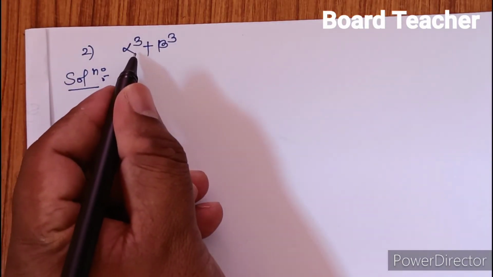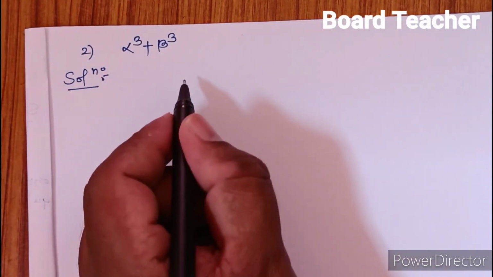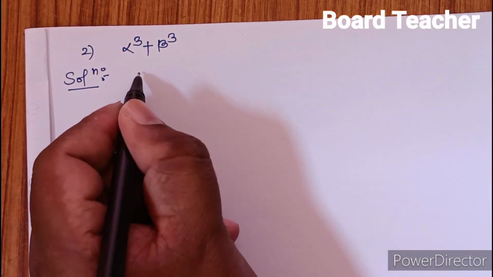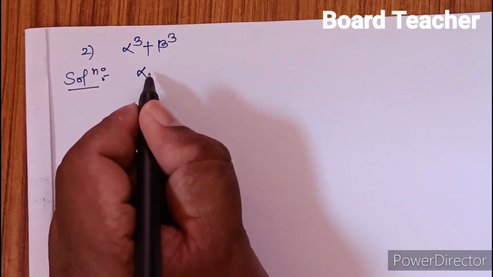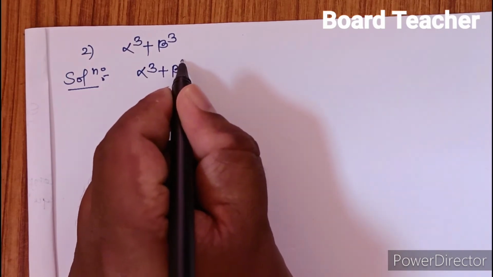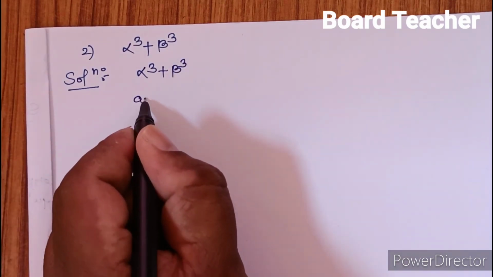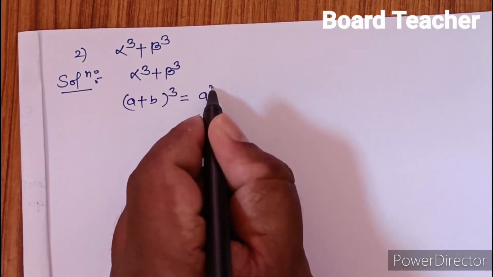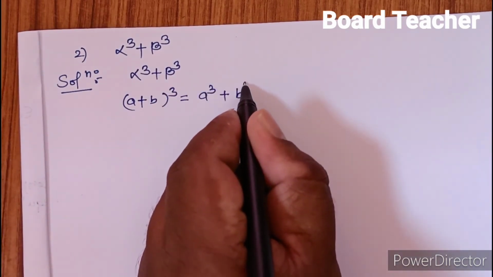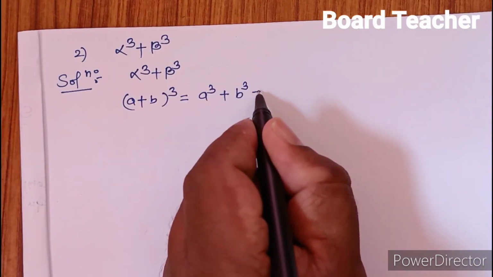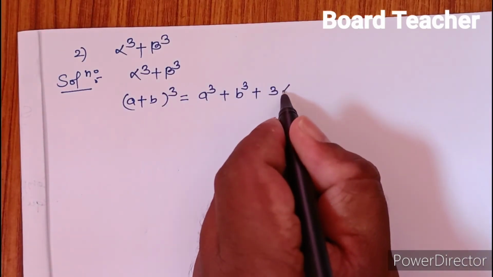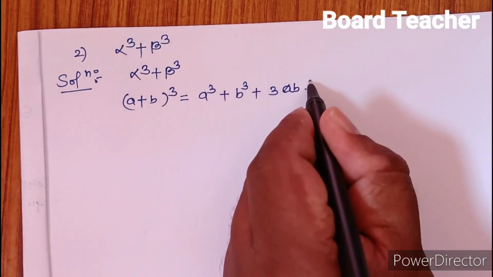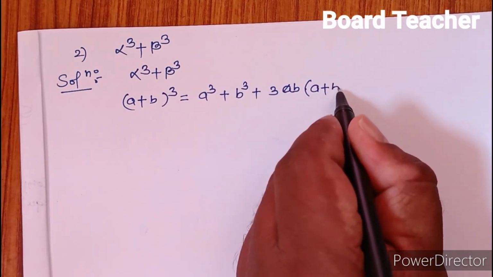Next question, we have to find the value of alpha cube plus beta cube. We know the formula. Write down the question as it is, that is alpha cube plus beta cube. We know the formula of a plus b whole cube, that will be equals to a cube plus b cube plus 3ab into a plus b.